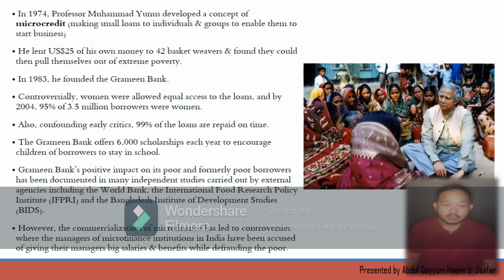He lent $25 of his own money to 42 basket weavers and found they could then put themselves out of extreme poverty. In 1983, he founded the Grameen Bank. Controversially, women were allowed equal access to the loans.